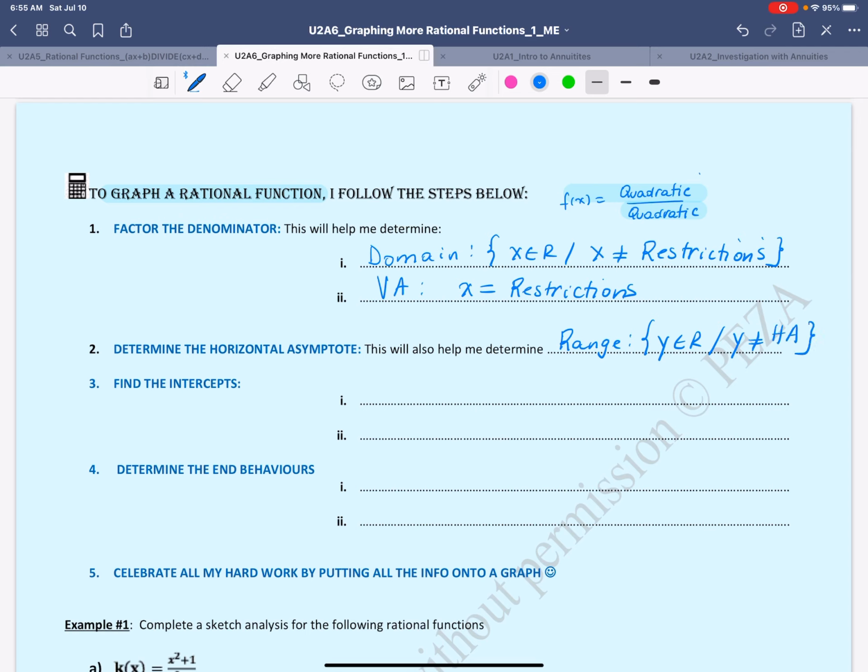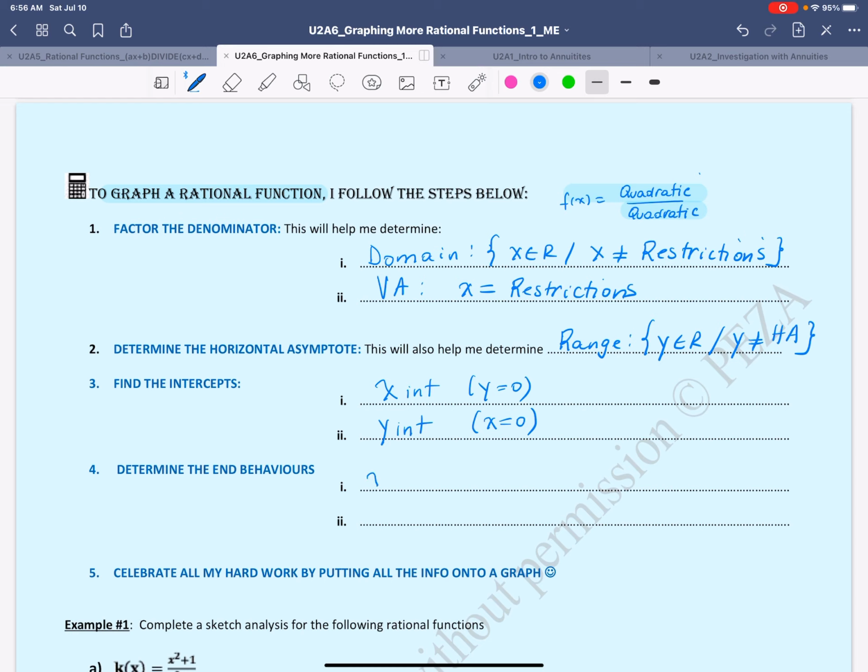Next, we find the intercepts. The x-intercepts are found by making y equal to 0, and the y-intercepts are found by evaluating the function at x equals 0. Then we determine the end behaviors. There are two types of end behaviors that we need to look into.